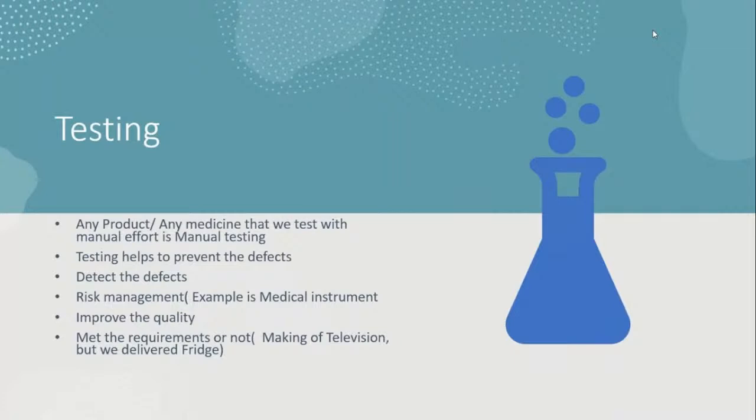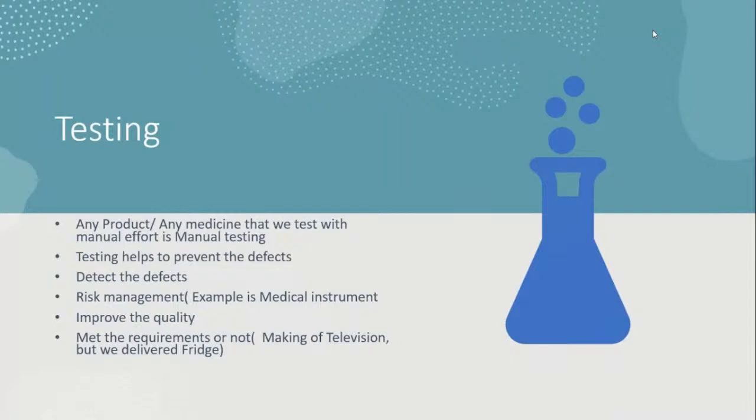Okay, and we can also say whether it met the requirements or not. Here I'll tell you one example. A customer came with an idea saying, okay, I want to build a television. So he gave all the requirements and the developer started developing it, and the final product that came up is a fridge.